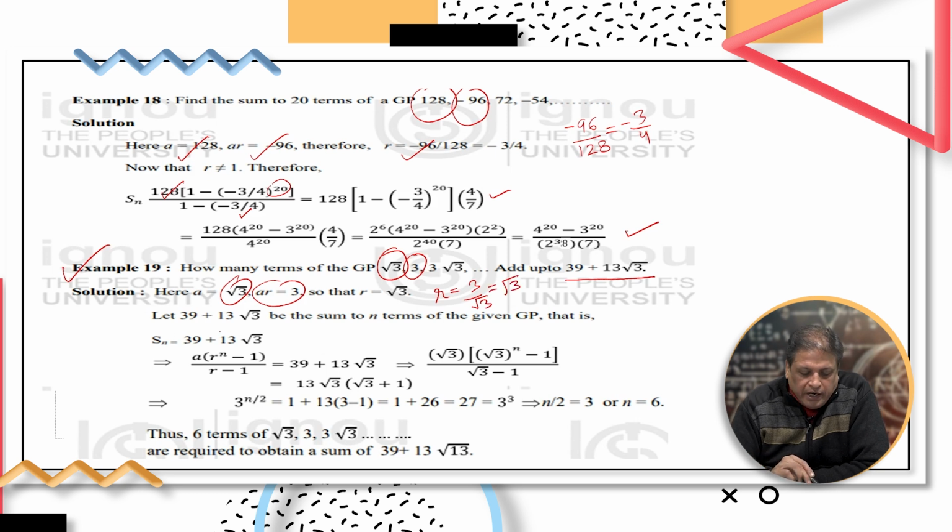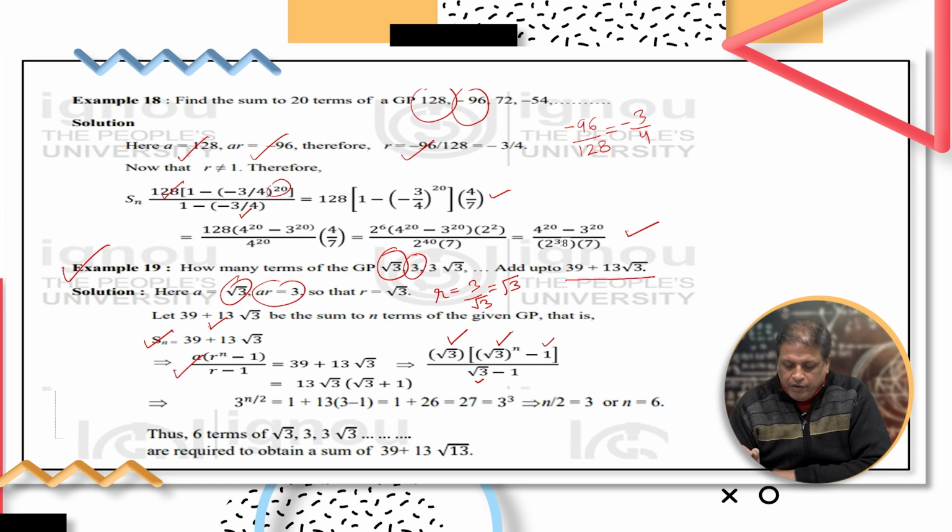Now, let 39 plus 13 root 3 be the sum of n terms, so Sn is equal to 39 plus 13 root 3. Applying the formula a times r to the power n minus 1 upon r minus 1 is equal to Sn, you will get a is root 3, and r is root 3, to the power n minus 1 upon r minus 1.